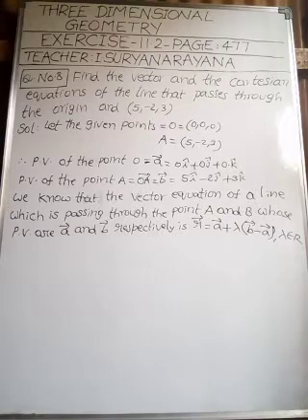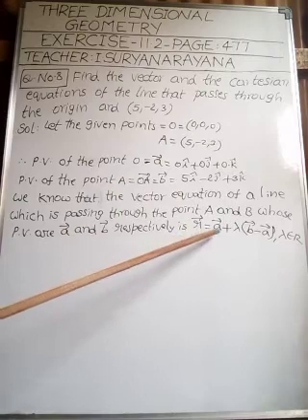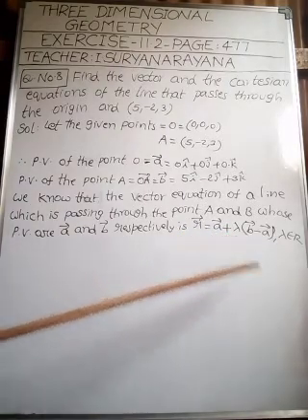If a line is passing through 2 points with the position vectors A bar and B bar, then this is the equation of the line in the vector form.